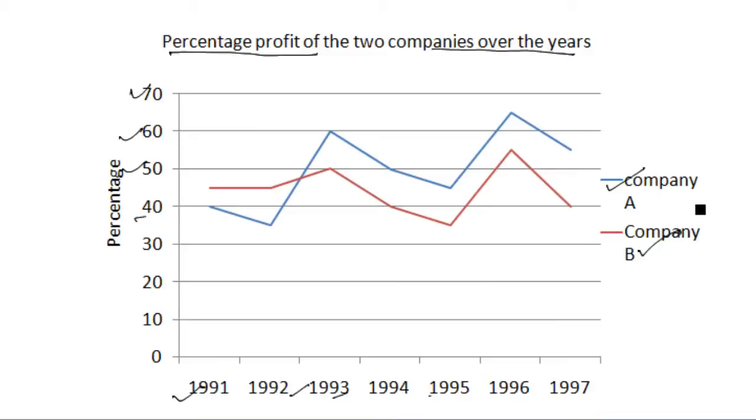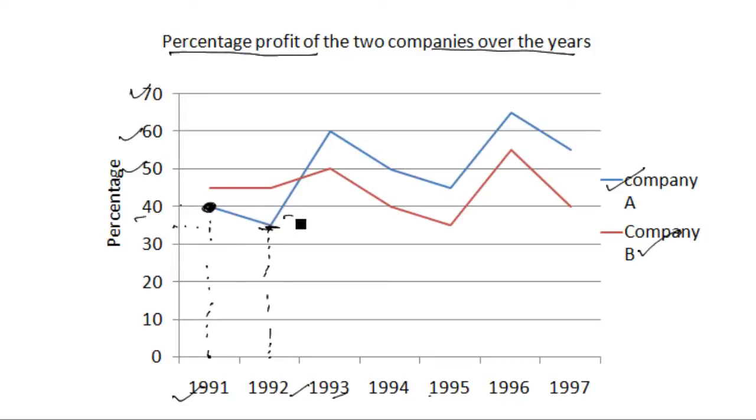Now let's begin with company A, that is blue. In 1991 you can see the profit is 40%, right? In 1992 the profit is 35%. You can see this is the middle part.